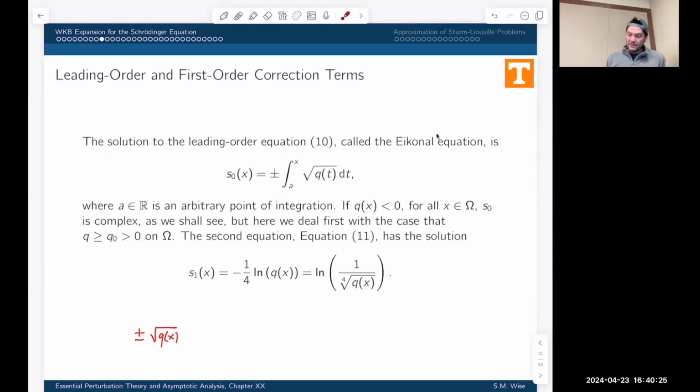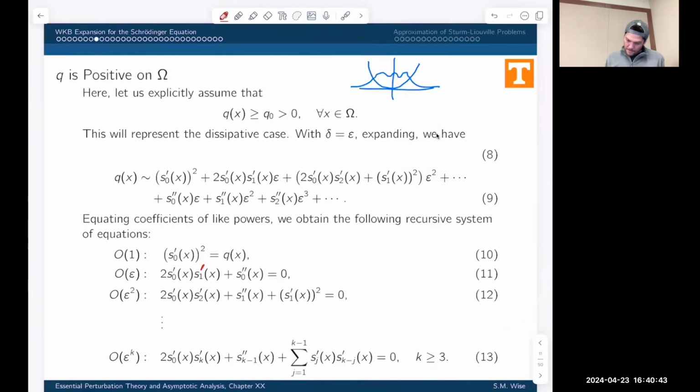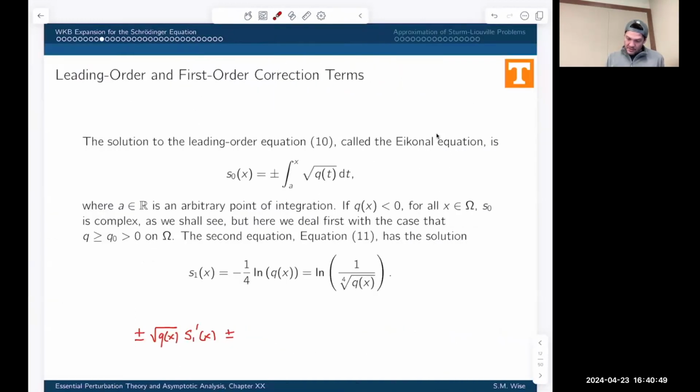Because only the upper limit depends on X. All right, so then we have S1 prime of x. What happens when we take that second derivative of this? Well, we have plus minus again, because we're working with this guy, which has an inherent plus minus.